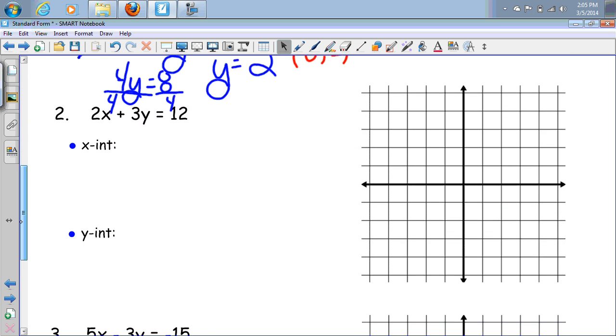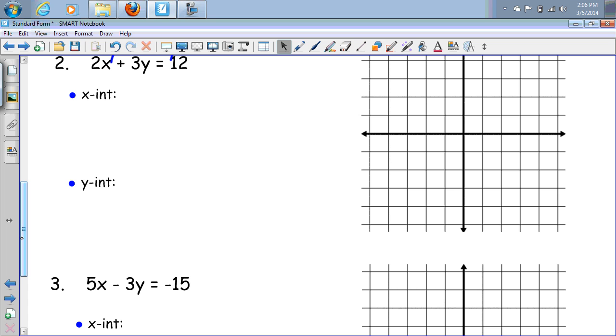All right, let's try another one. Remember, for our x-intercept, we know that y is going to equal 0, and for our y-intercept, we know that x is going to equal 0. Let's see if we can graph this equation: 2x plus 3y equals 12. Let's do our x-intercept first.